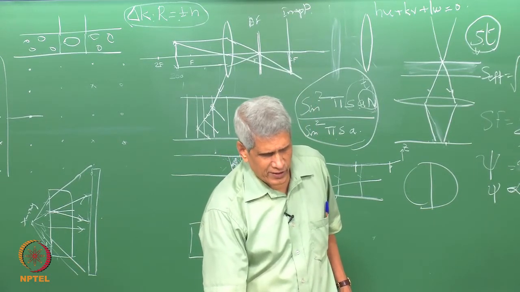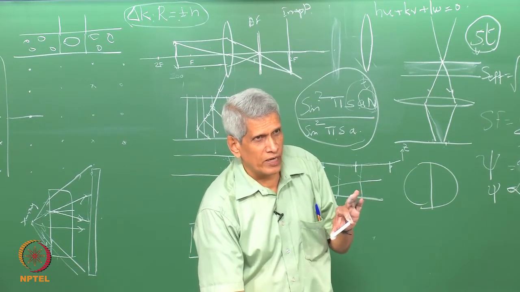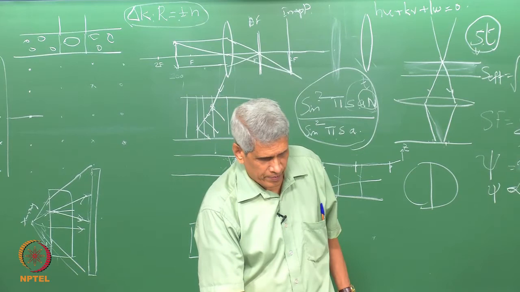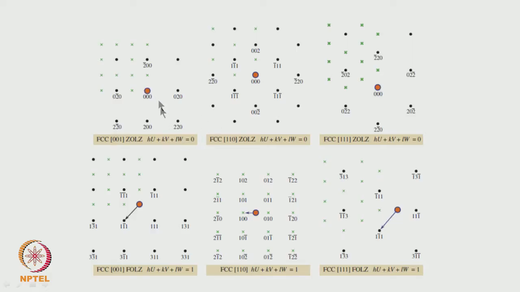Okay. These are all the expressions which are given, that you can read. Okay. So here what I have shown is a simple thing, like for an FCC, for the 0th order diffraction pattern, this is how the diffraction pattern looks for a 001 zone: 000, 020, 200.